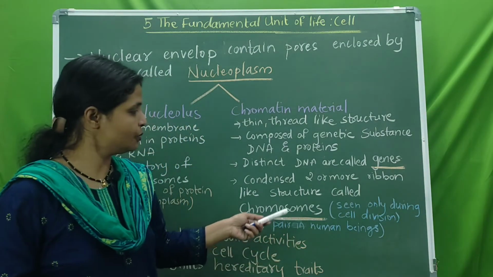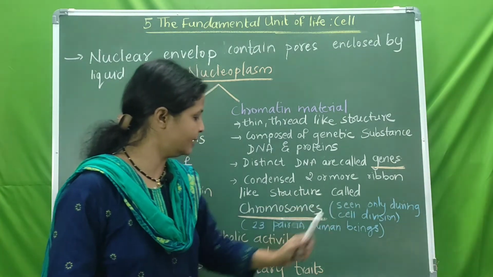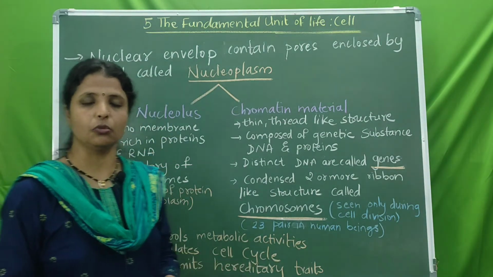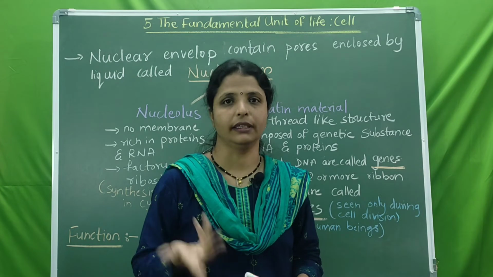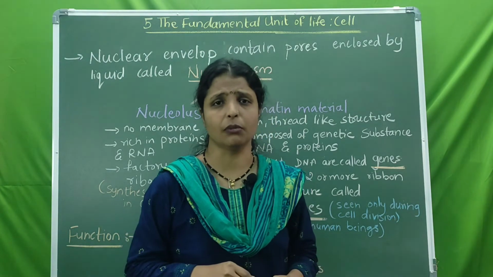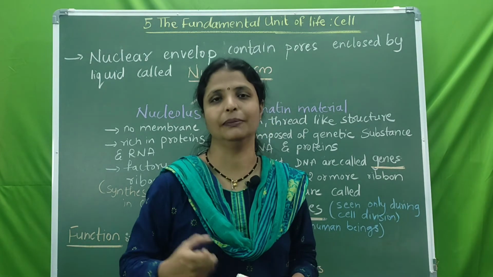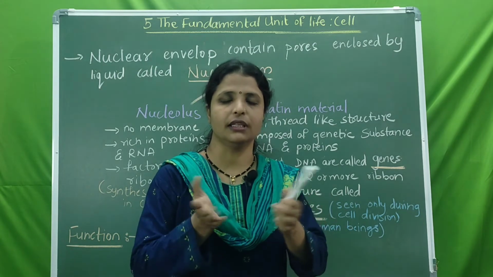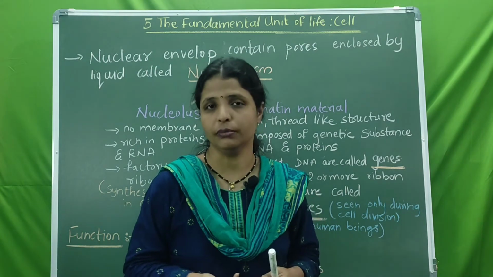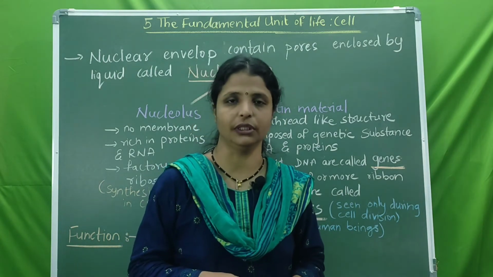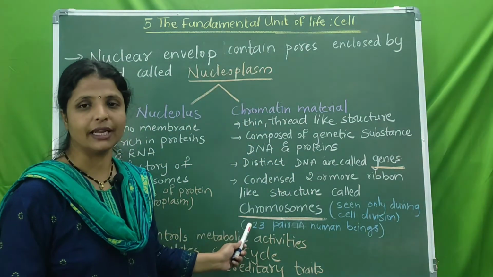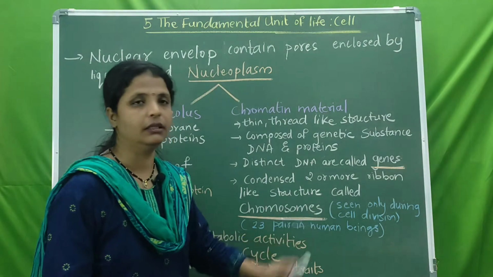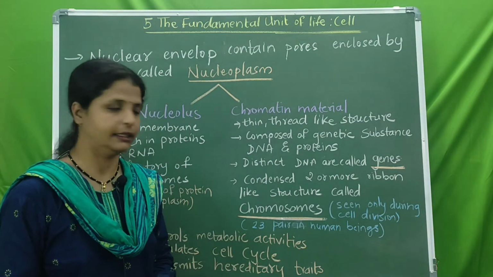These chromosomes can be seen only during cell division, and they are always in pairs, whether in the reproductive parts of the male or the female, from the ovum or from the eggs. We as human beings have 23 pairs of chromosomes.